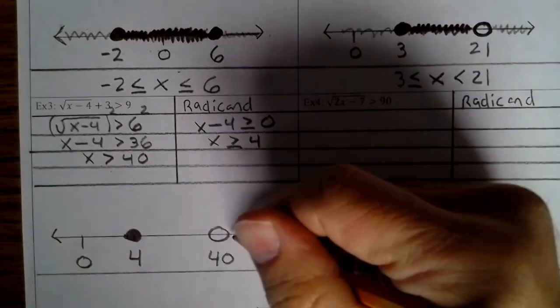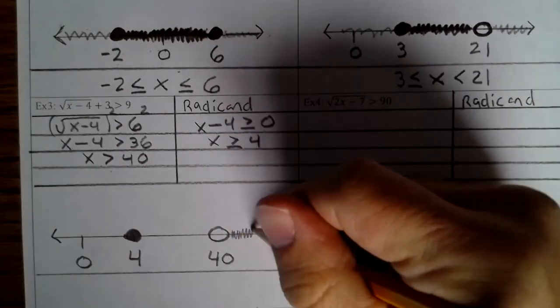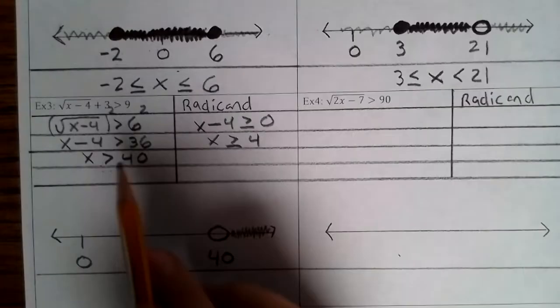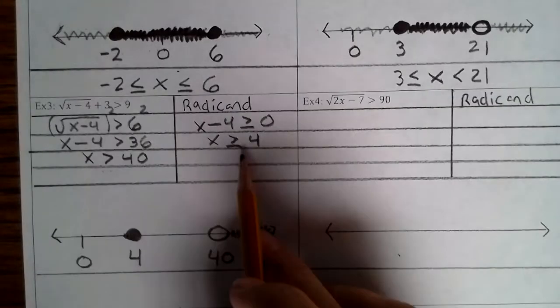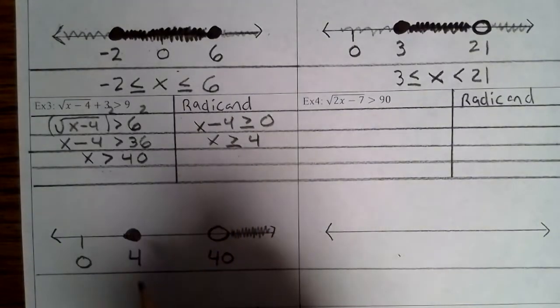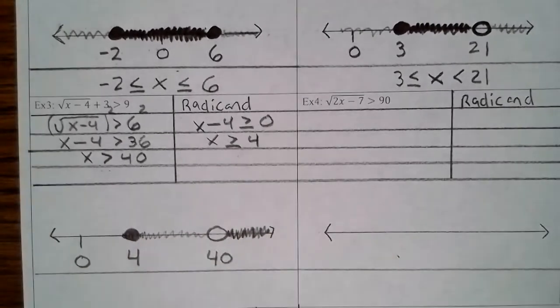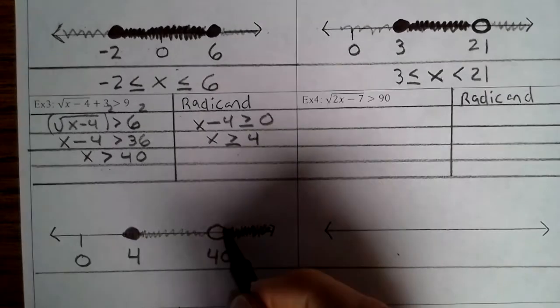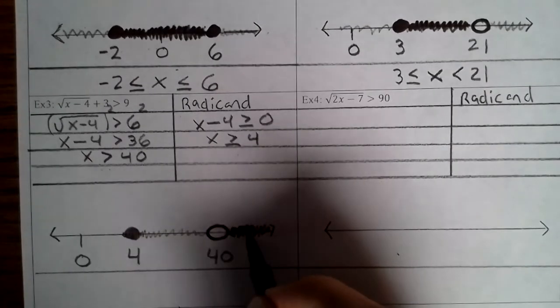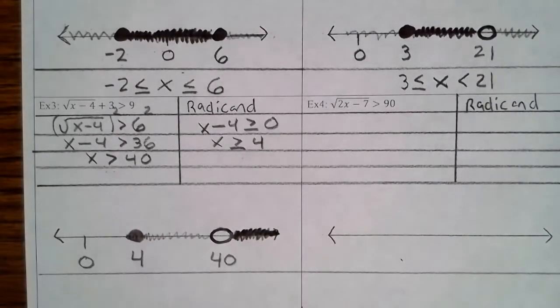And then here, it looks like we're shading x is greater than 4, so we're shading to the right of 4. And you can see that this is the overlap. So that's your solution where it overlaps. Okay. So our inequality solution would be x greater than 40.